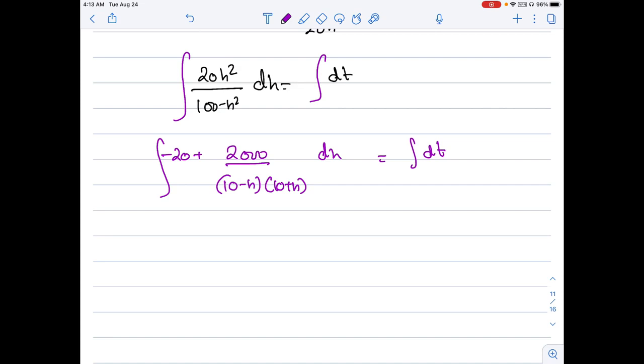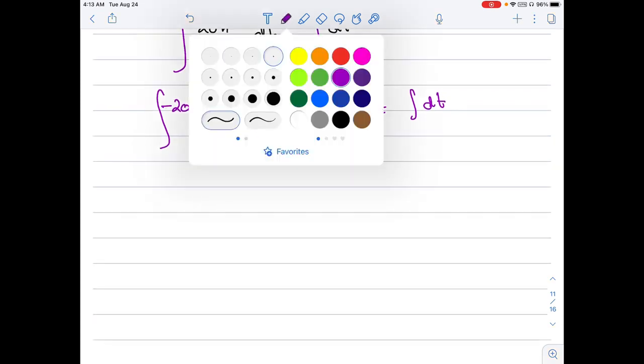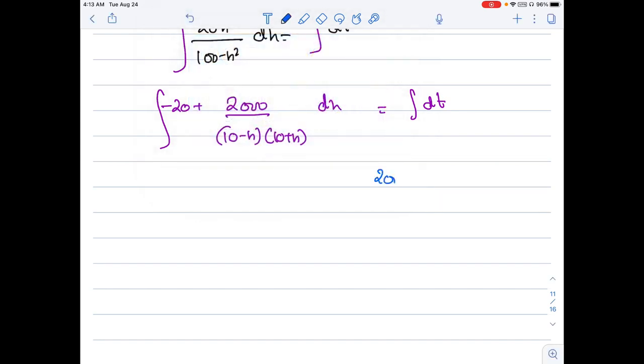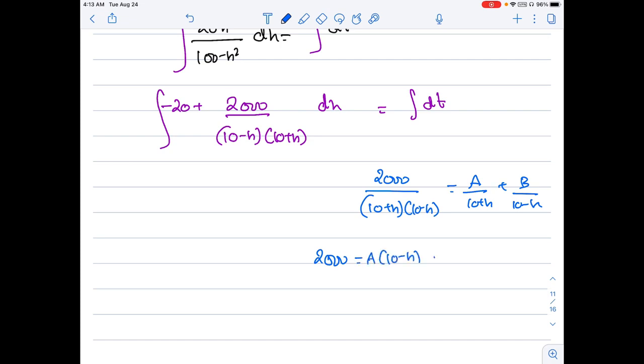So before that, let us first complete the partial fractions for this one. 2000 divided by 10 plus h times 10 minus h is equal to a upon 10 plus h plus b upon 10 minus h. So it becomes 2000 is equal to a times 10 minus h plus b times 10 plus h.